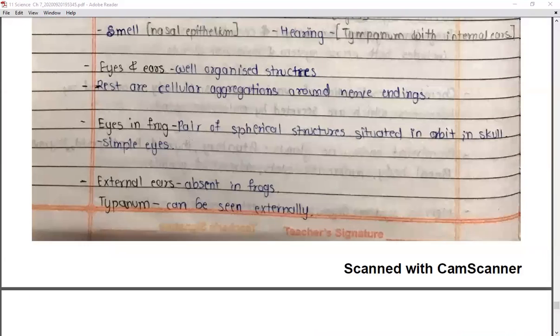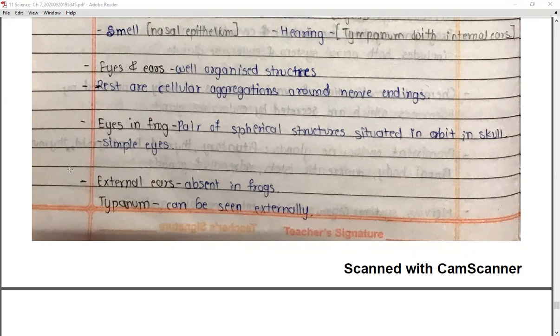Now the eyes in the frog are present in a pair, and these eyes are spherical in shape, that means round, and they are situated in the orbits in the skull. Same as in humans, there is the cranium, that is the skull, and this skull has two small orbits in which the two eyes are fixed.